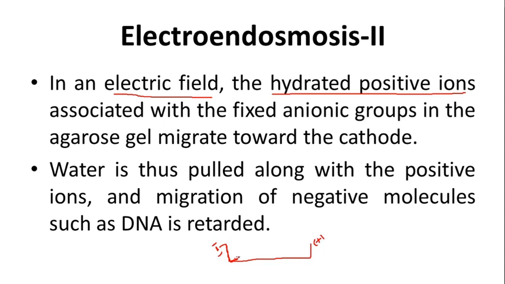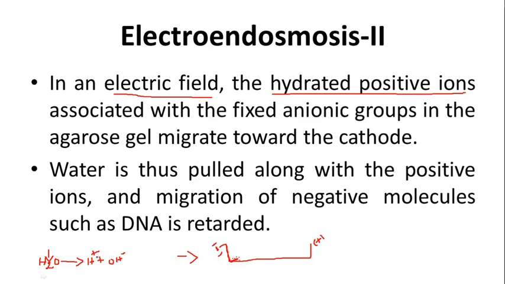When the voltage reaches the electrode, the water molecules attached to the electrode first get hydrolyzed. You know very well, when a water molecule is hydrolyzed, it produces H plus ions and OH minus ions. The water is hydrolyzed by the applied voltage.